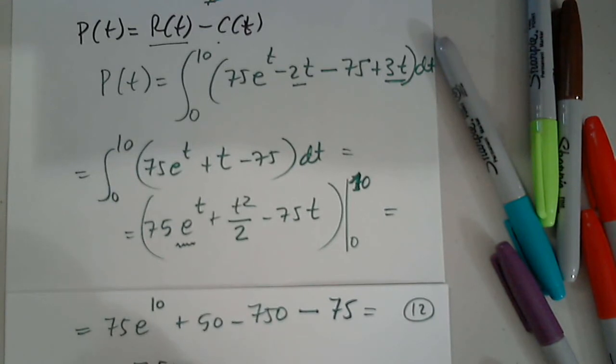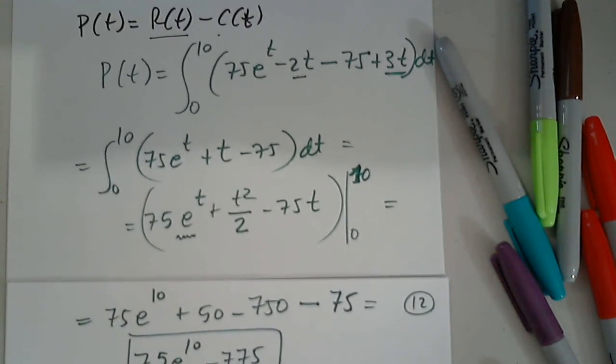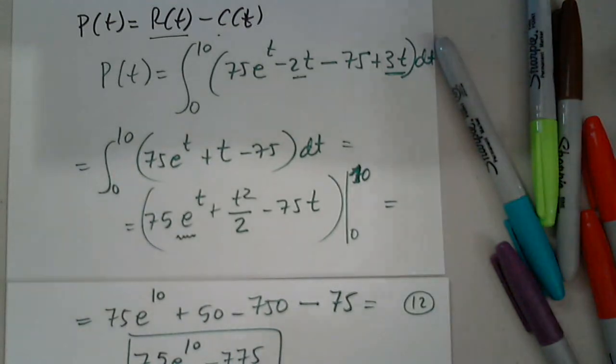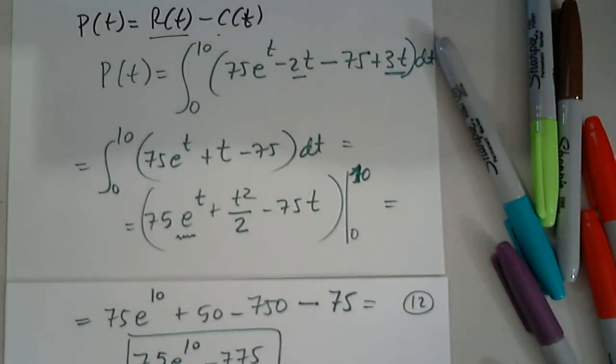So 75 e to 10, and this is a negative 25, so negative 775. So that's our final answer.